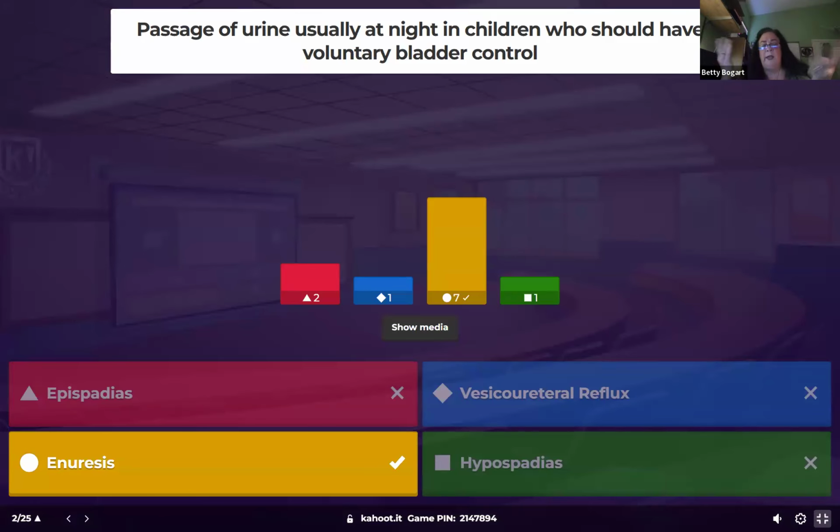This is bedtime wetting. Epispadias is when the penis hole is on top, the urethra comes on top. Hypospadias is when it's on the bottom ventrally, and vesicoureteral reflux is the bladder urine going back up the ureters into the kidneys, okay?